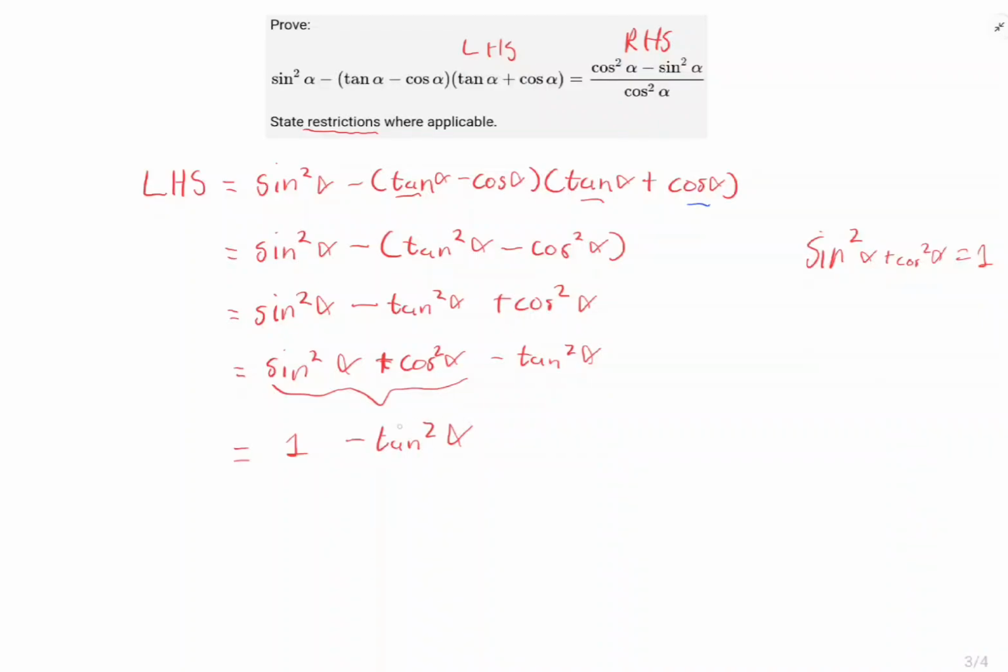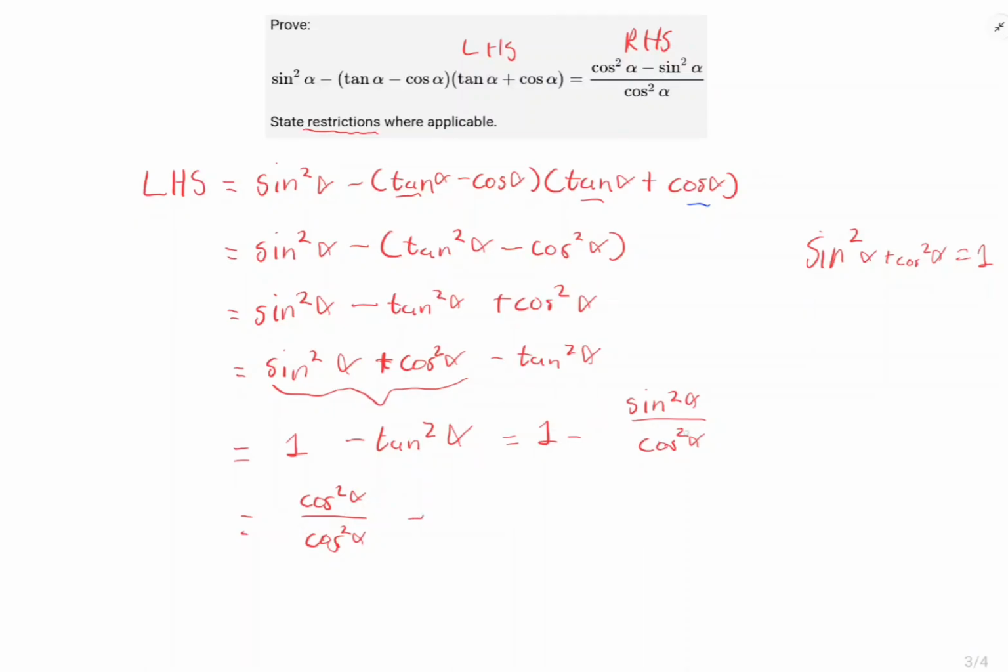So we get 1 minus tan squared angle. And so we can change this tan to be sine squared angle over cos squared angle. We want to change it so that there's a common denominator. So the 1 is going to be cos squared angle over cos squared angle, which is 1 once you cancel.